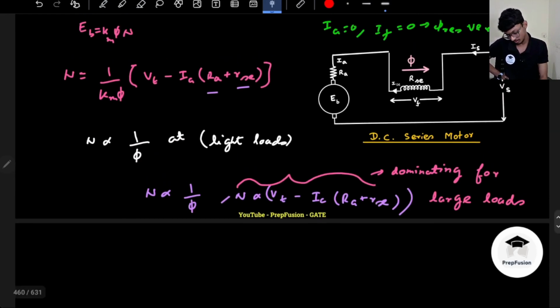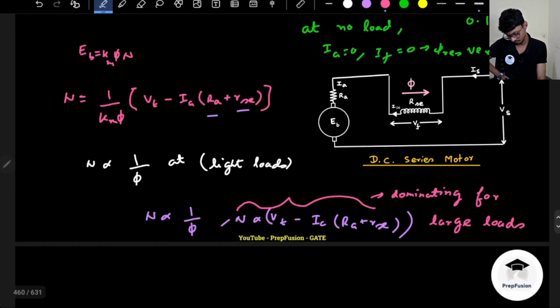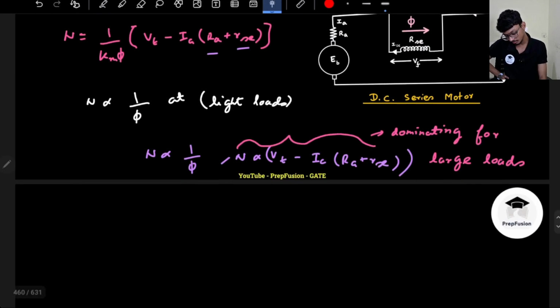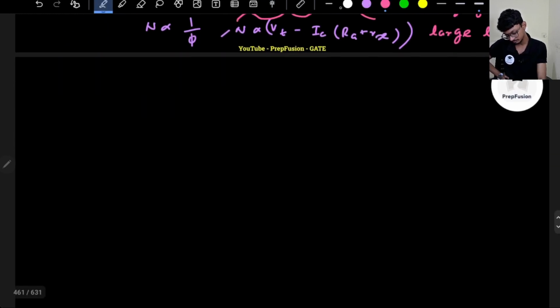So for light loads, speed reduces, and the graph will be just like a rectangular hyperbola, right?